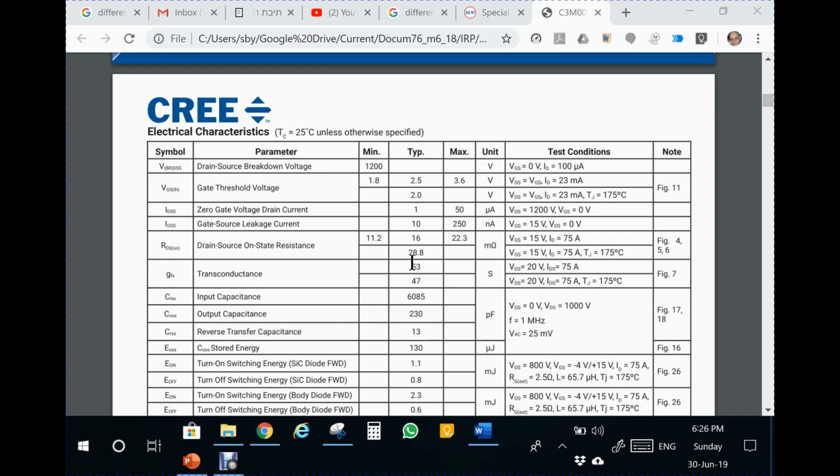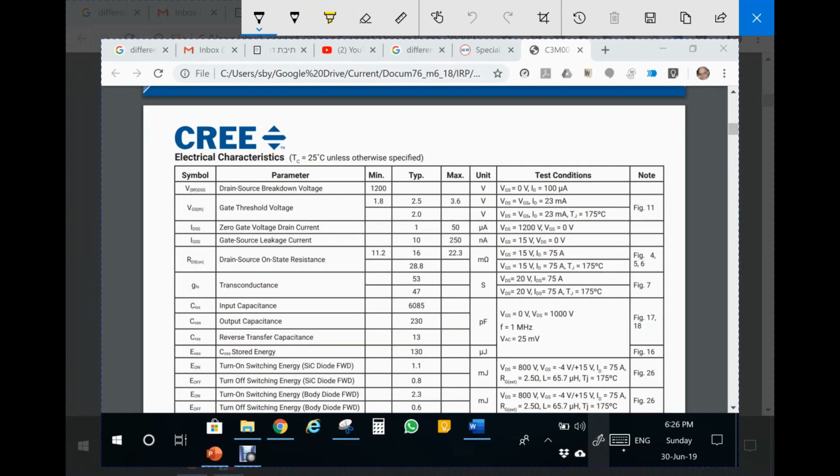Because if you have a number of units in parallel, then of course the one with the lowest RDS on will conduct more than the device with the higher RDS on, if the current is passing through them.